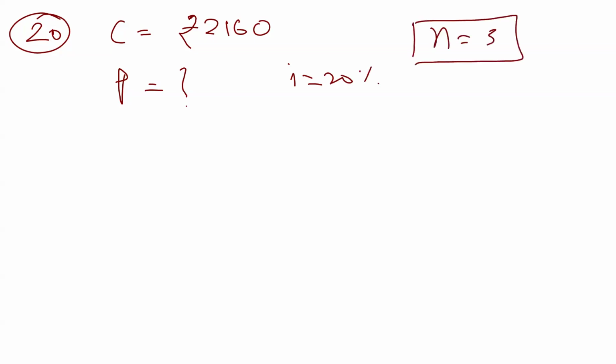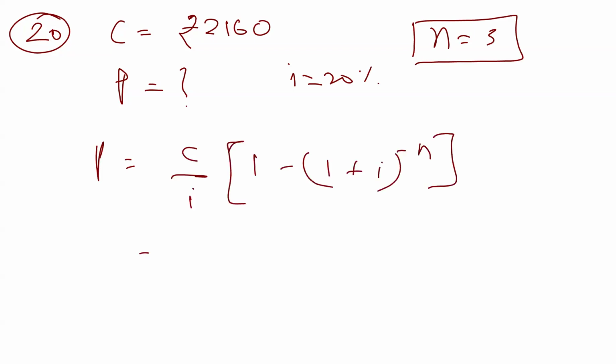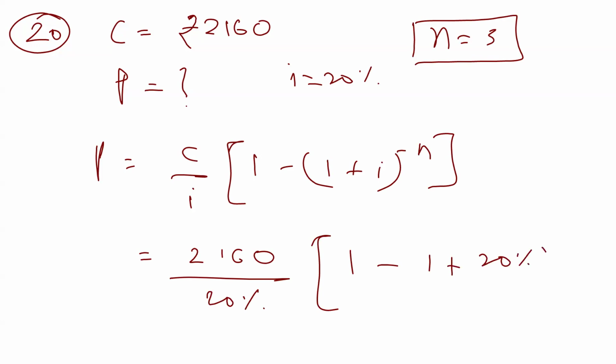So P is equal to C by I, 1 minus 1 plus I raised to minus n. 2160, I is 20%, 1 minus 1 plus 20% raised to minus 3.